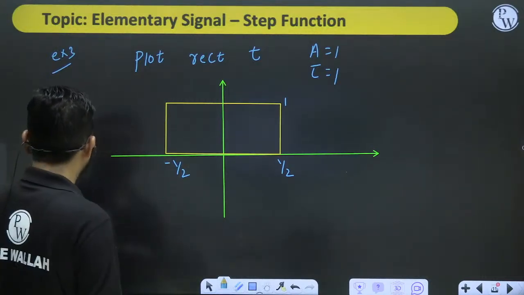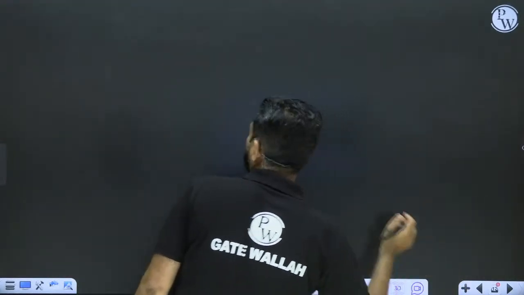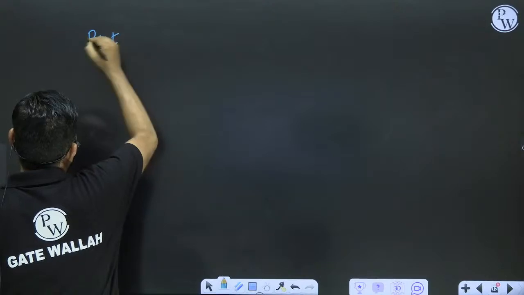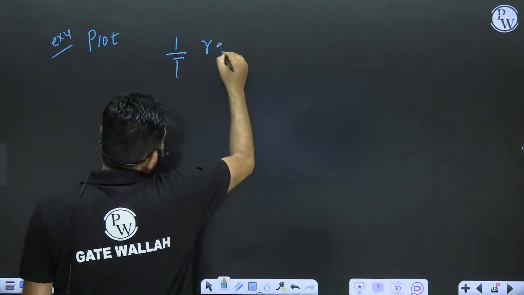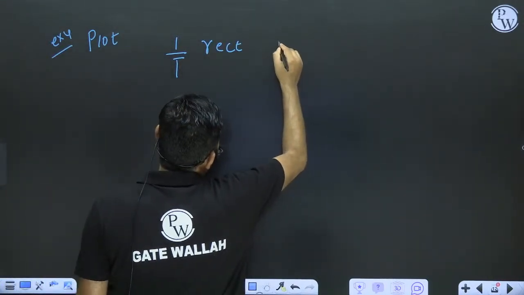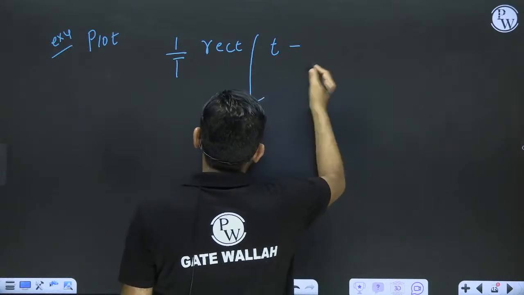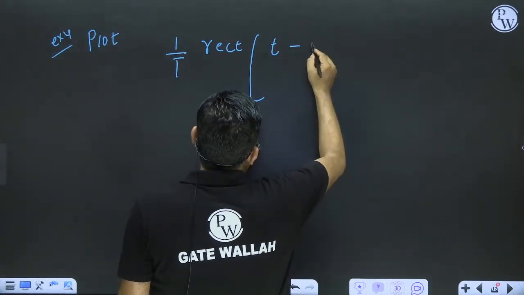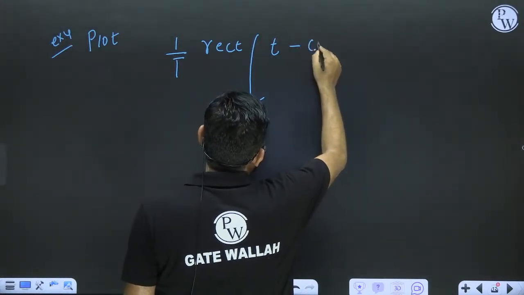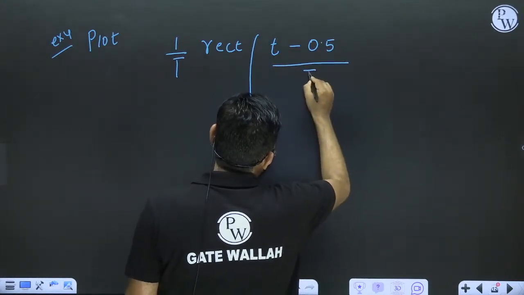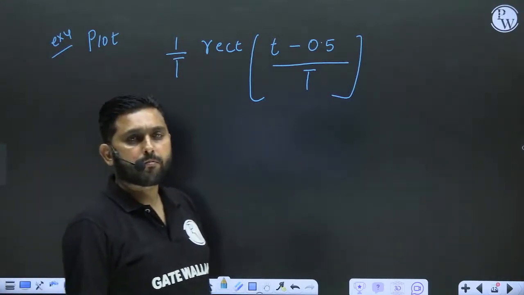Now I am giving you one question, right, just now. Example 4: plot 1 by T rect (t minus 0.5 T) by T. Suppose someone asks you this function.